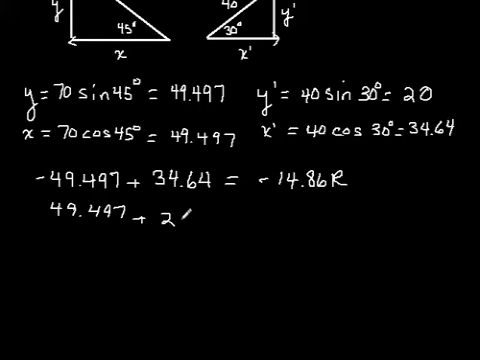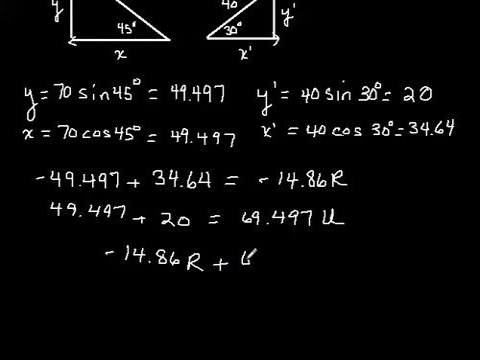Plus 20 is going to give us 69.497 up. So the coordinate of the point where our one rope is going to go is negative 14.86 right plus 69.50 up. Now we do have to translate these back into polar form so that we have a force and a direction.